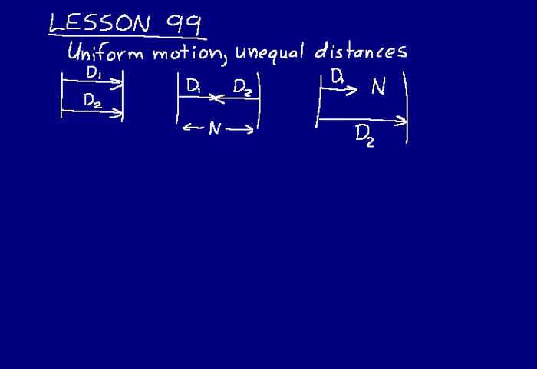So the way you would write that is d1 plus n equals d2. So like I said, that middle diagram there, those distances, they may or may not be equal to each other, but this new way is just a little bit different way of looking at unequal distances.